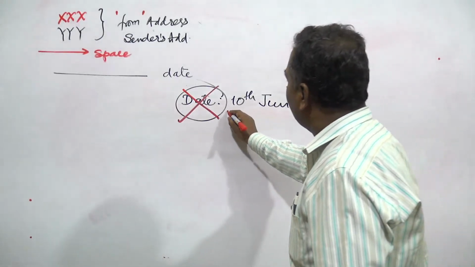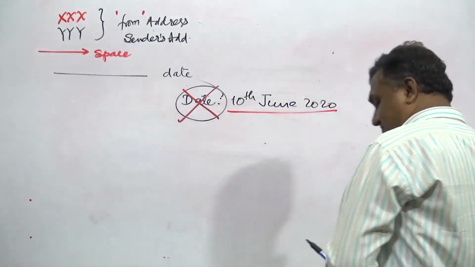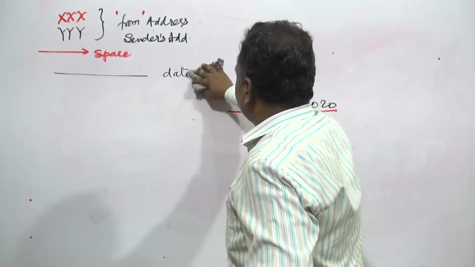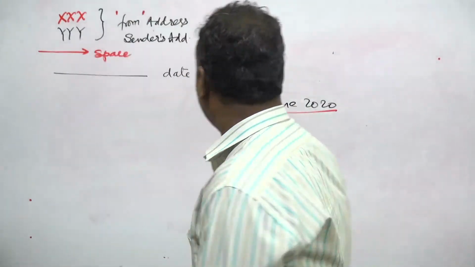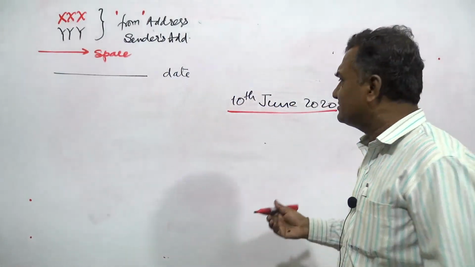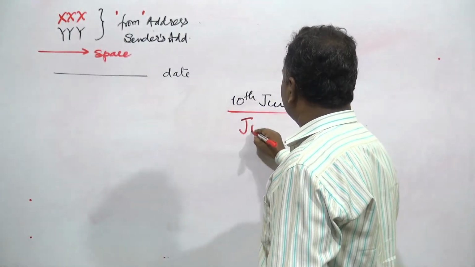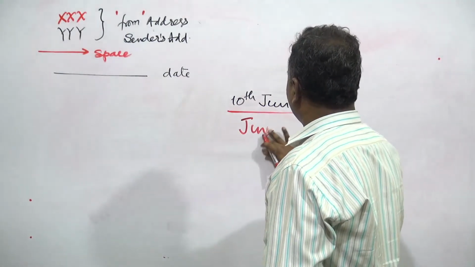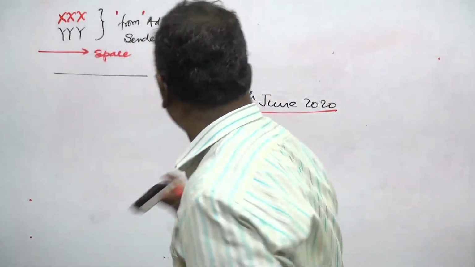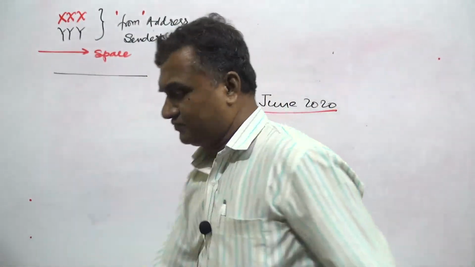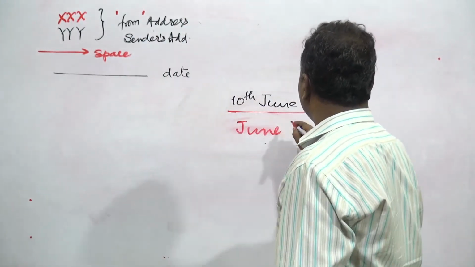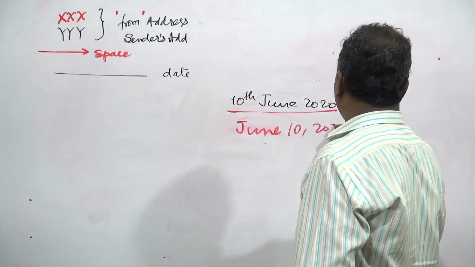And preferably, you have to write the date like this. No need to write the word date. And you are writing here 10th June 2020. Date can be written in various ways. So you can begin like this: June 10, 2020.